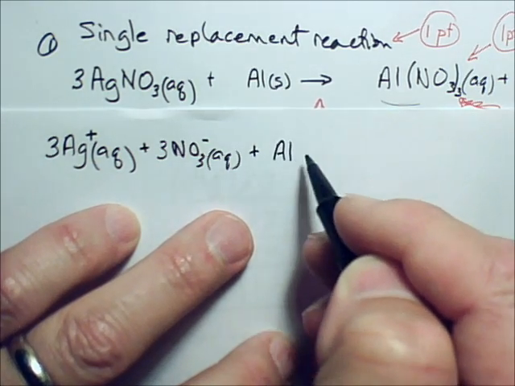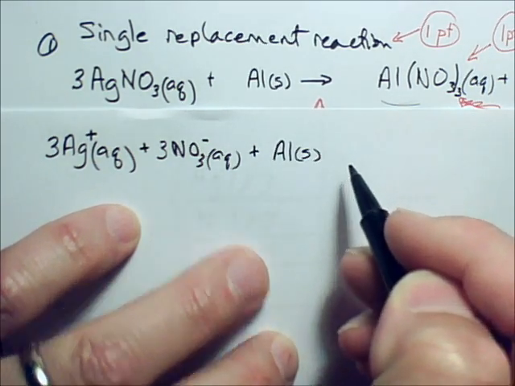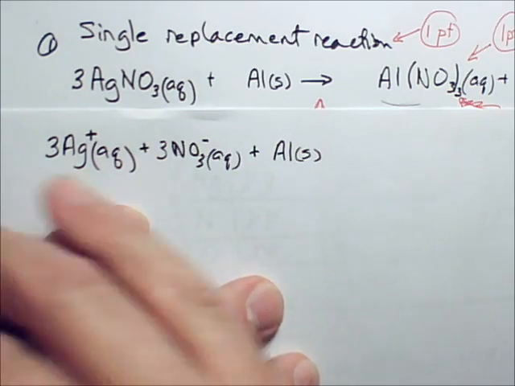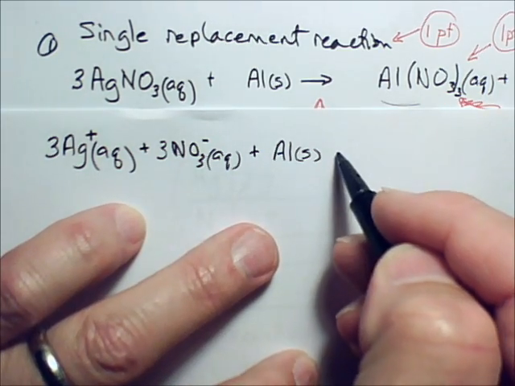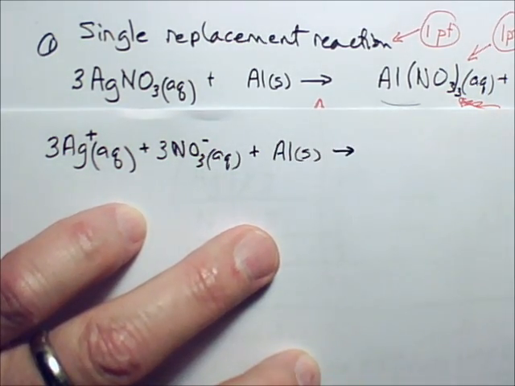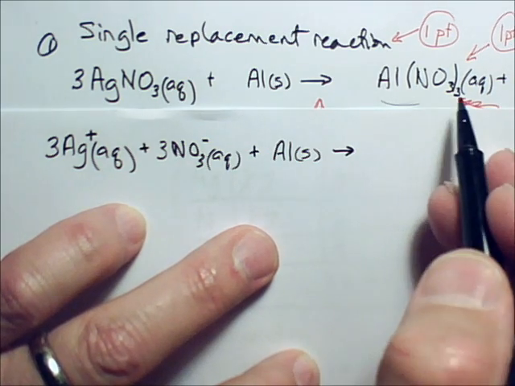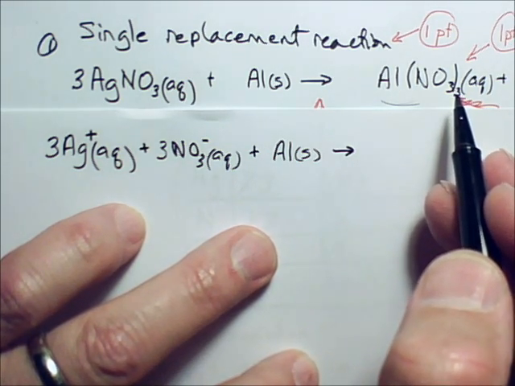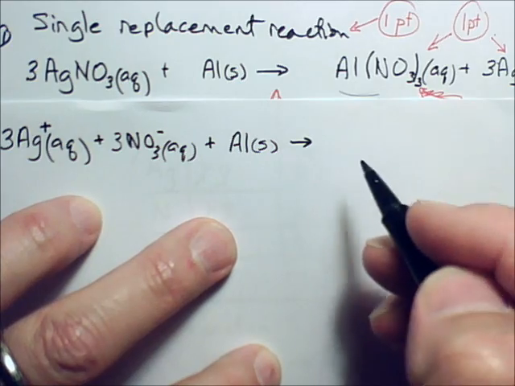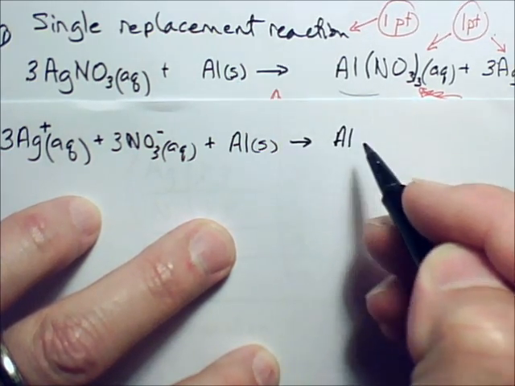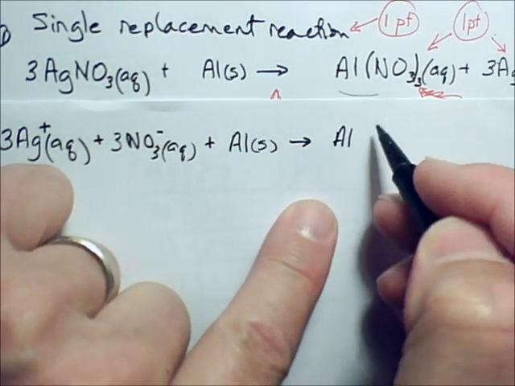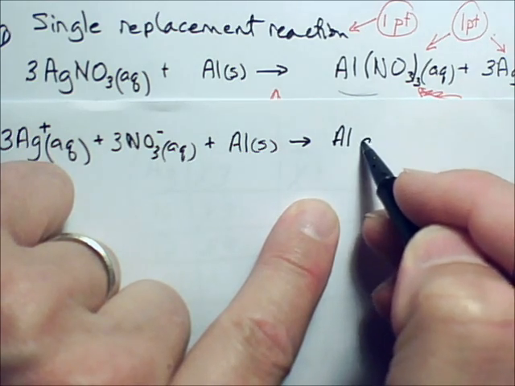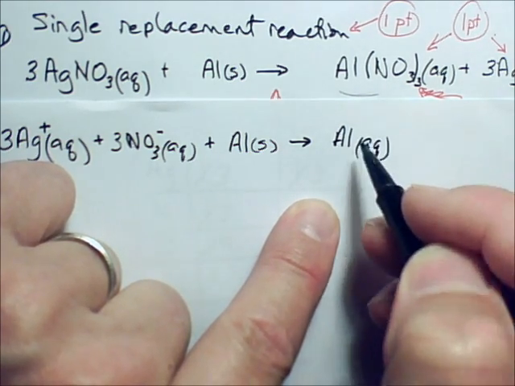All right. Aluminum is a solid. It doesn't break up. It's not aqueous. It's going to stay the same. Okay. Aluminum nitrate. It's going to break up. We're going to have aluminum. It's going to be aqueous, but we need to know its charge.